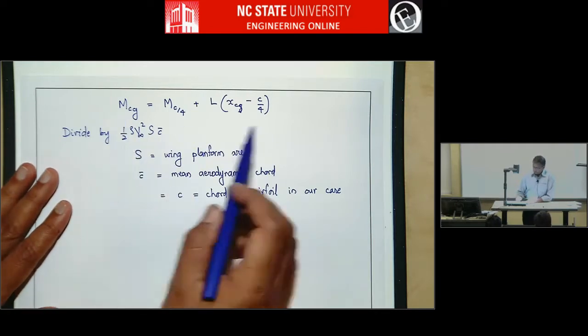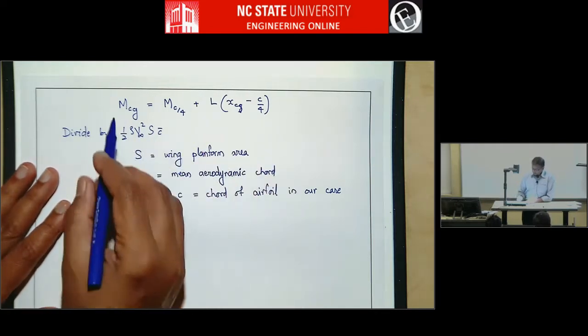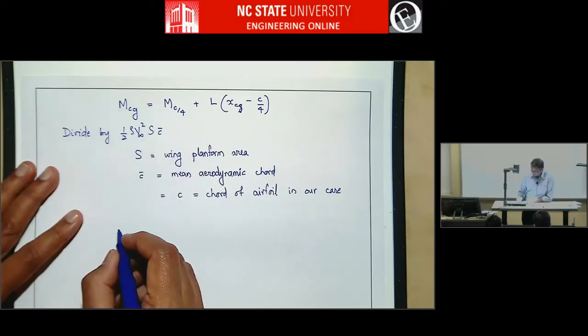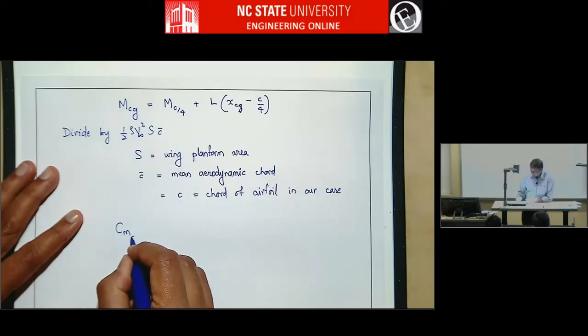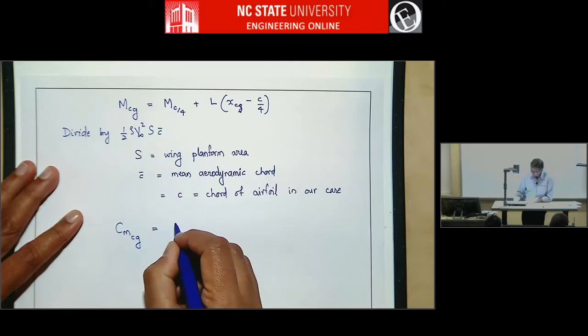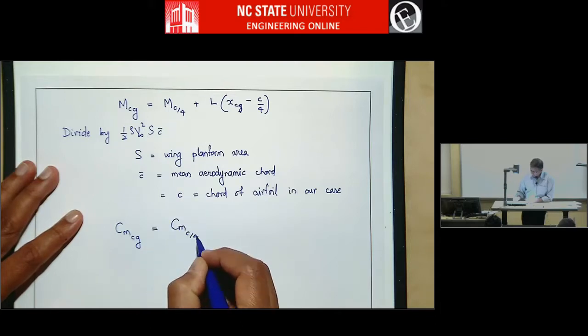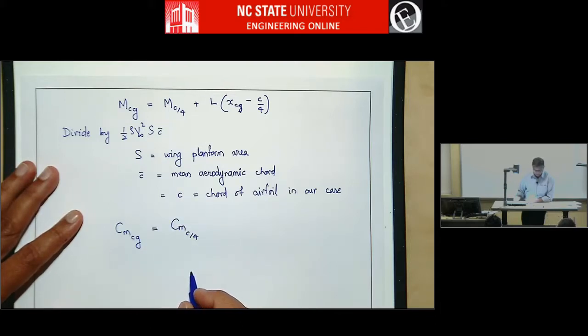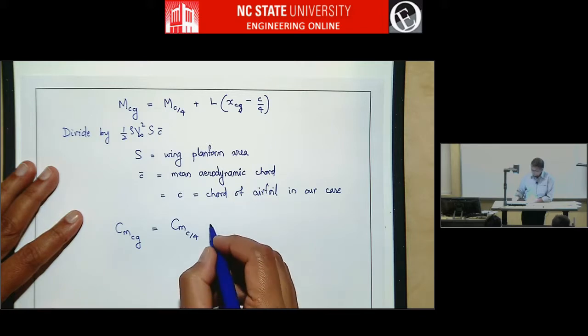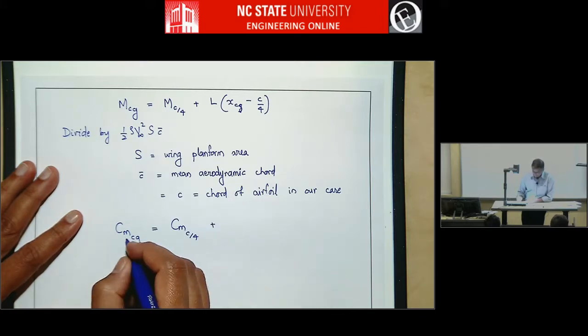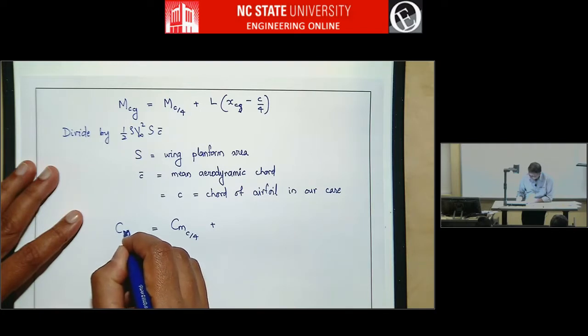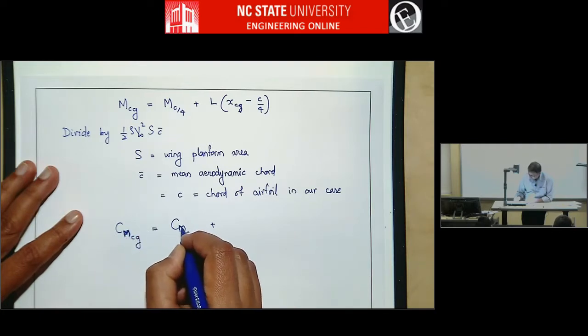So when we divide by this, the first two terms become pitching moment coefficients. So CmCG on the left equals CmC over 4, the first term on the right, plus CL times xCG over c minus 1/4. I should put capital M because we are talking about the aircraft.